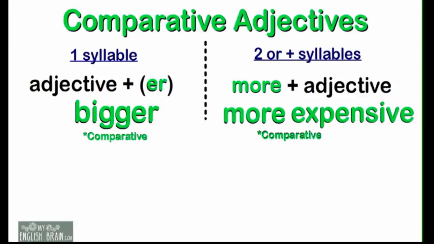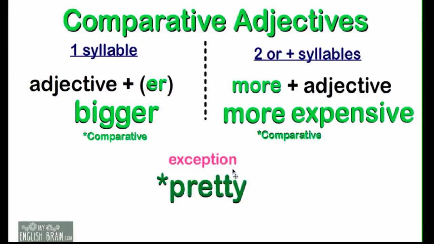Now we have an exception, and the exception is with adjectives like this one, pretty. Pretty has two syllables, but it also has a Y ending. It ends with Y. And with all adjectives that end in Y, we take away the Y and we add I-E-R on the end to make the comparative.